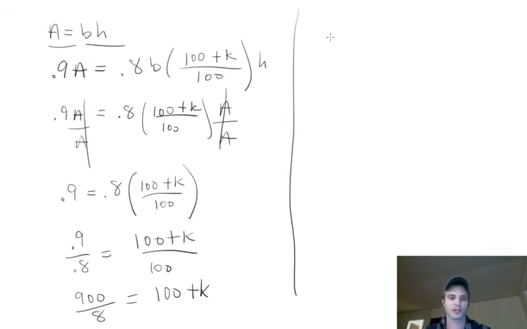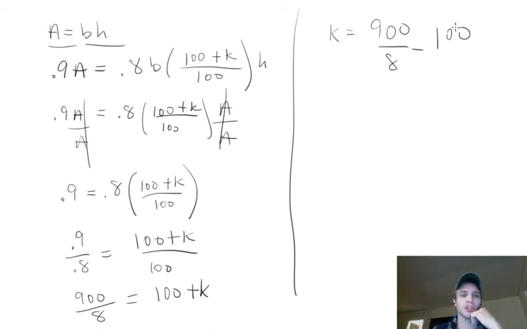We're going to start over here at the top. K is equal to 900 over 8 minus 100. And what is the hard part here? This is like 12 something, 12.5.